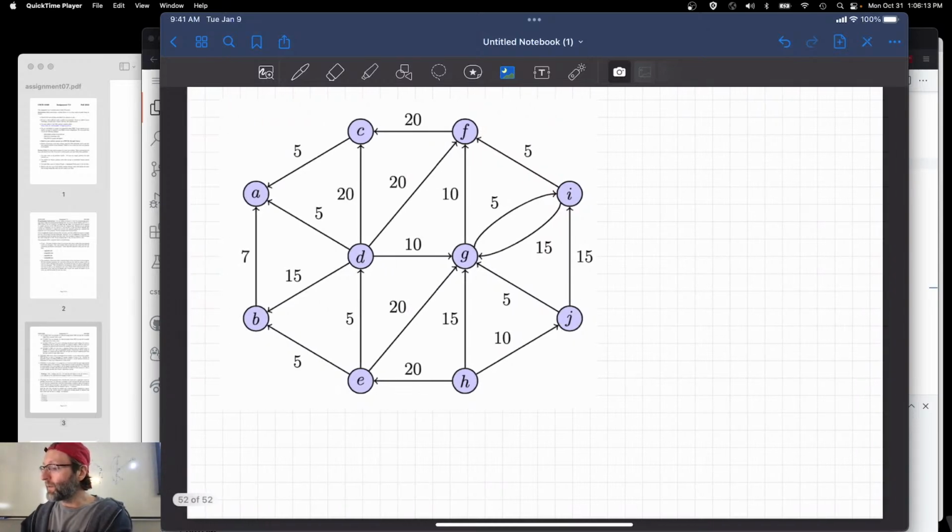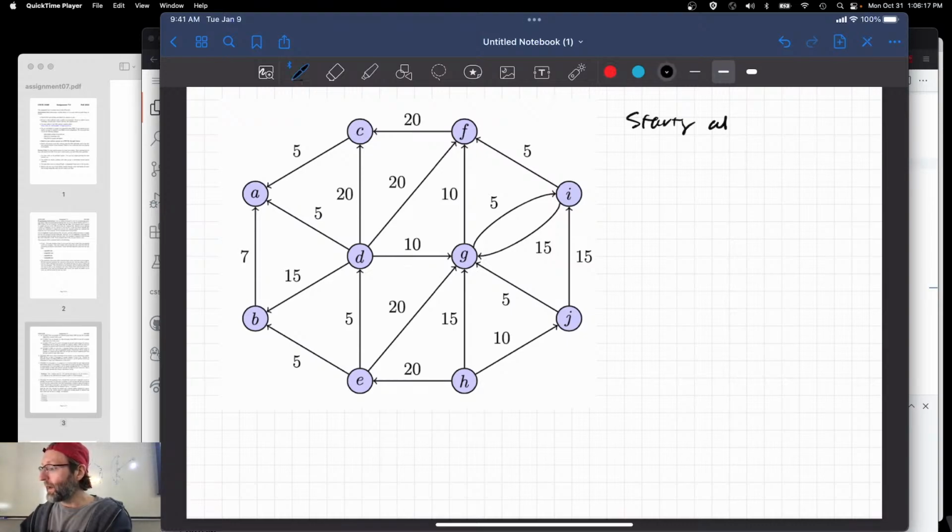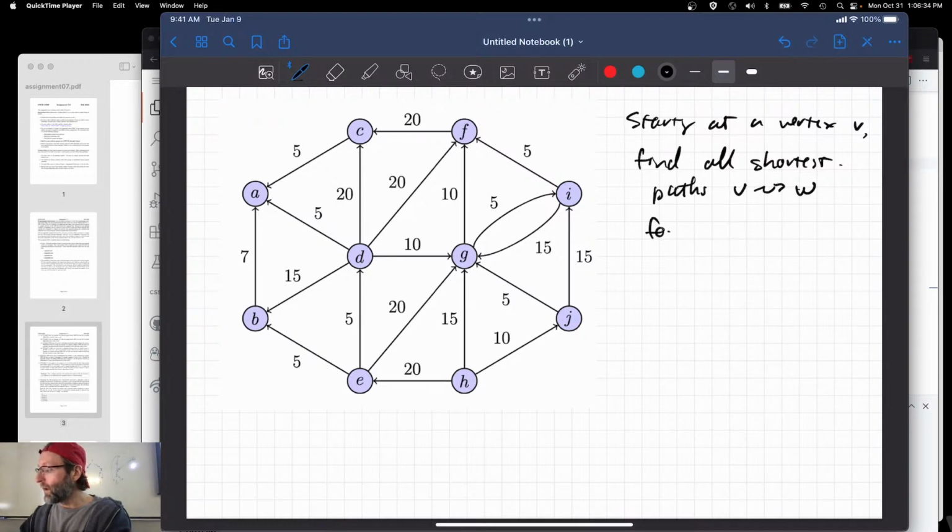Starting at a vertex, say V, find all shortest paths from V to all other vertices W, for all W.